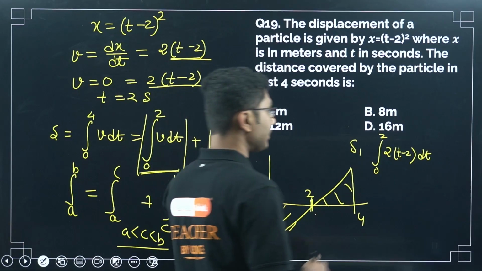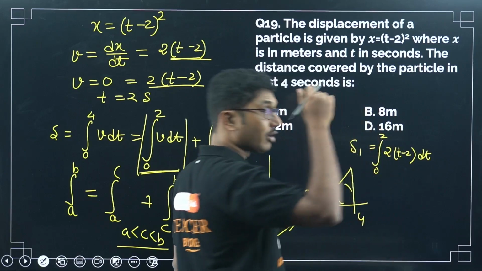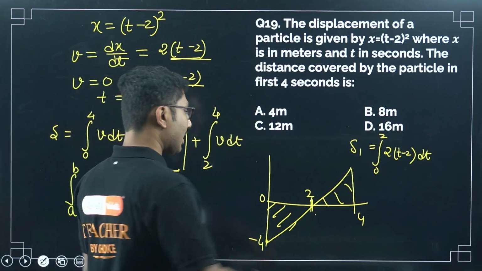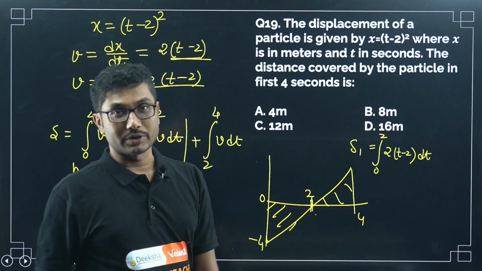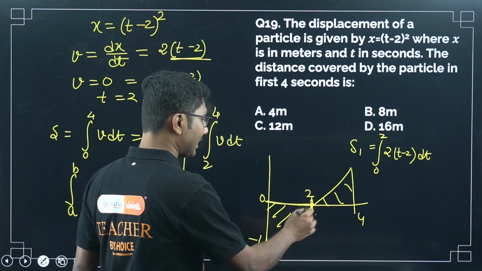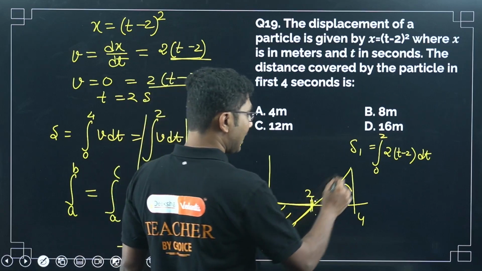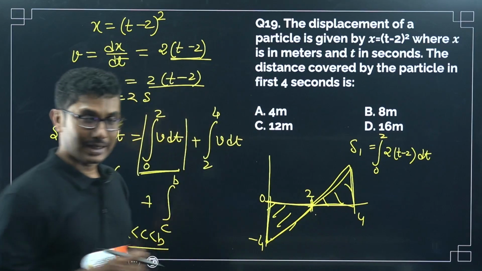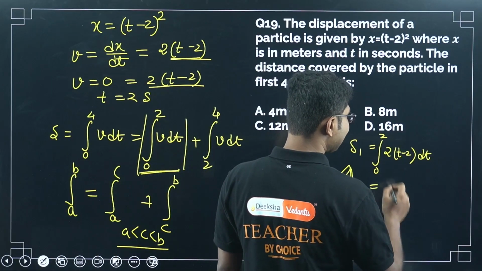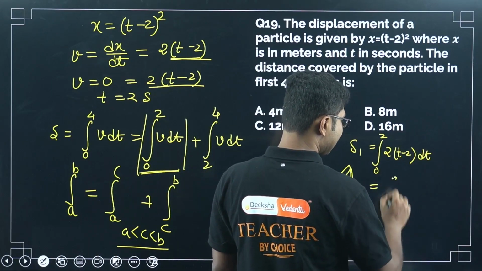That property we are using here. If you are not aware of it, you have to calculate the individual displacement in both cases. You can calculate the area of this portion and the area of this portion, and then add them. That is also fine. Now what is the displacement in this case?